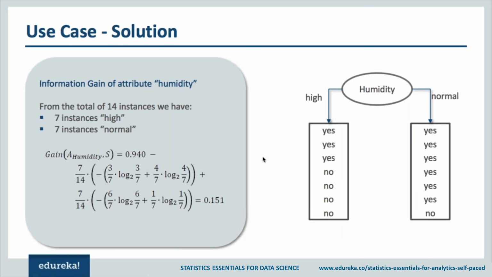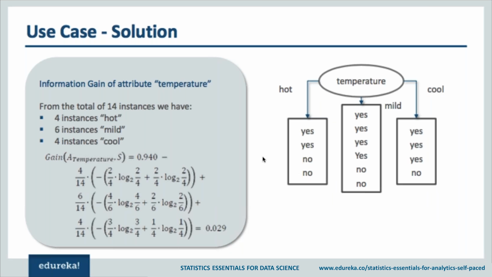Similarly, in case of humidity, the calculation of information gain as per the formula gives us 0.15. So that is again better than windy, but still less than outlook. So outlook is the one. Similarly, we take temperature as well, but it still has a very low value. So outlook is the one which gives us very good information. That is why we have chosen outlook as the measure to start the decision tree, right? Because we're getting the maximum information gain.